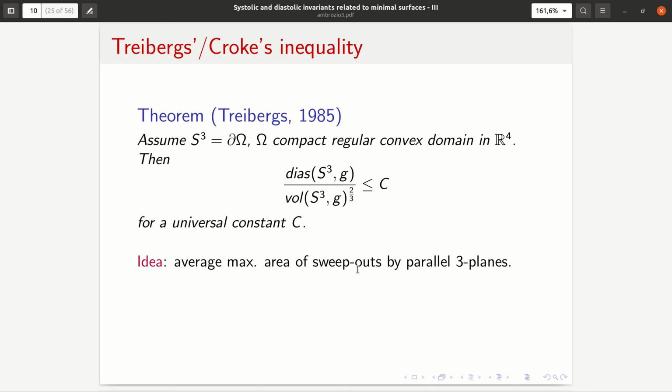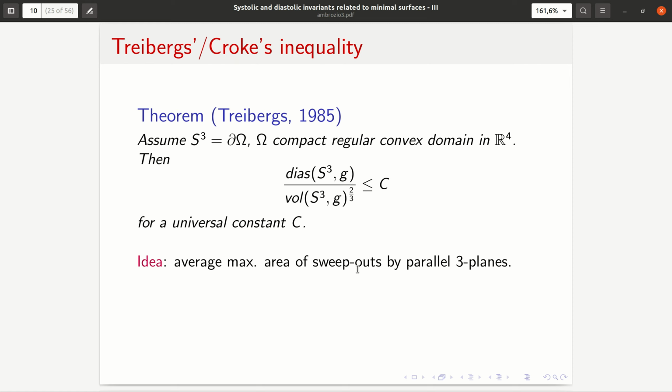And how did he do that? He considered the natural class of sweepouts that the problem suggests. Our three-dimensional sphere is inside R4, and likewise what we did for the unit sphere, we can sweep it out by intersecting it with parallel hyperplanes.